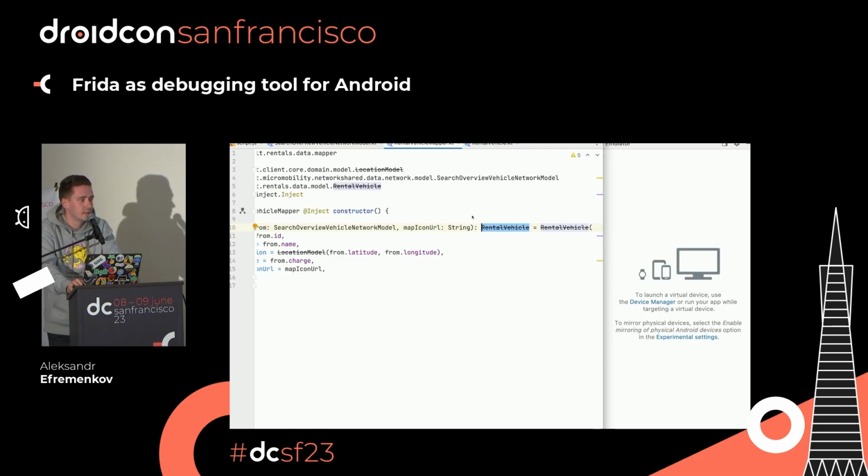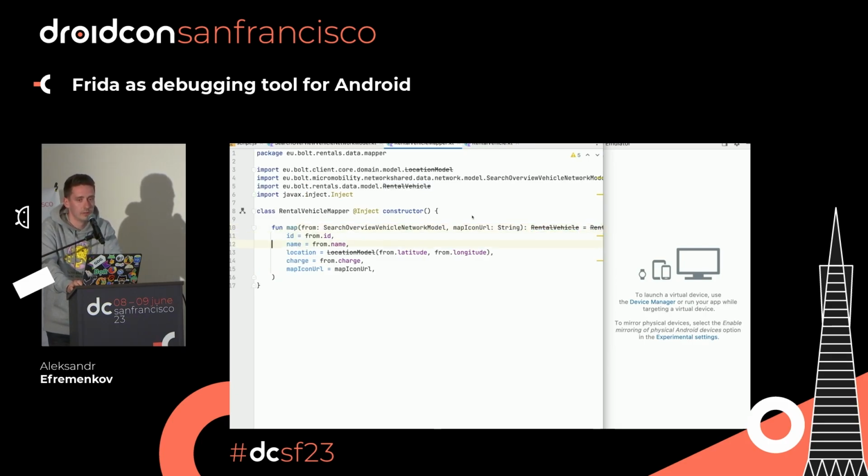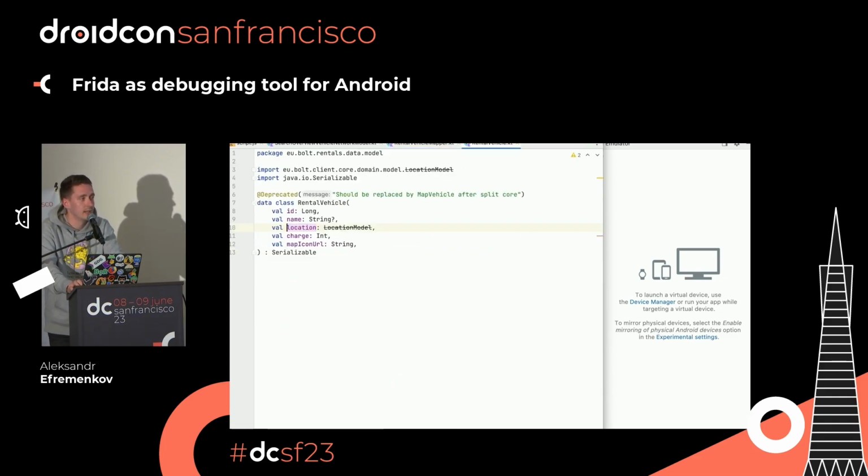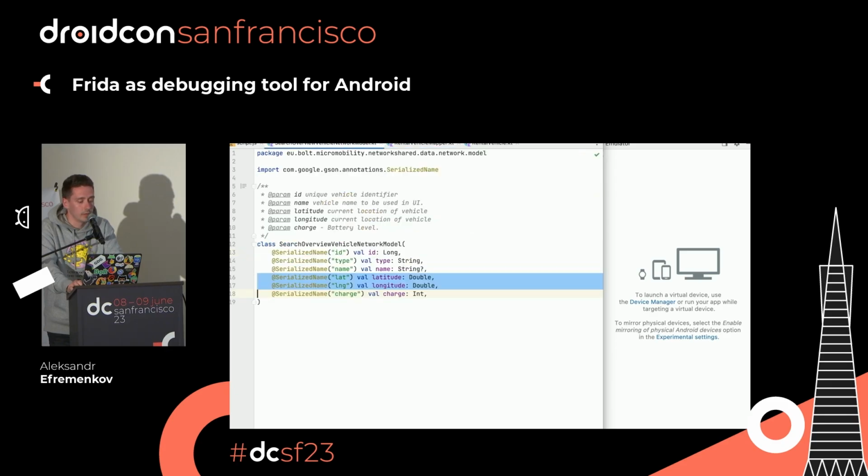It means that it's a model for displaying in the UI layer. And we're passing the location model that we need to actually mock, hook, and replace. A location model is just a simple model with a latitude, longitude, accuracy, and some precision mark.